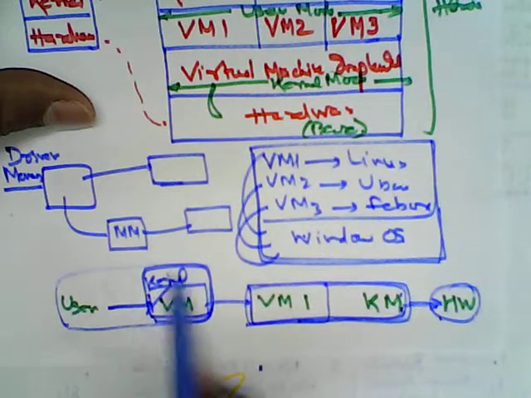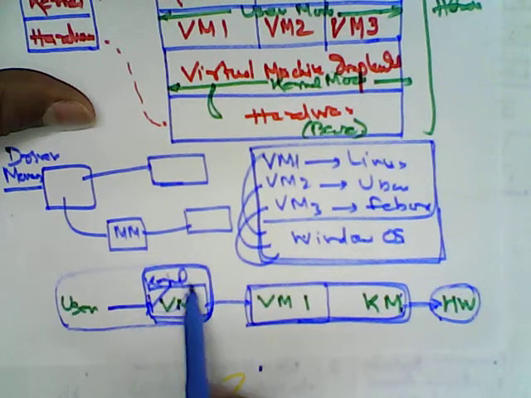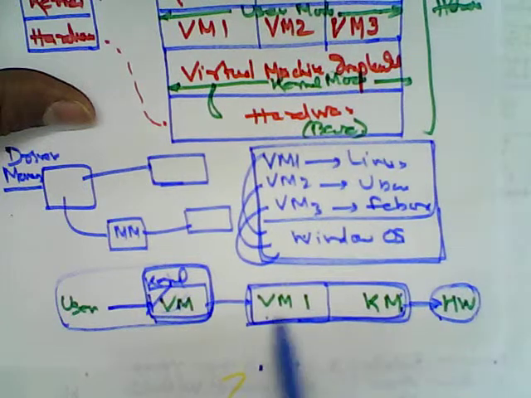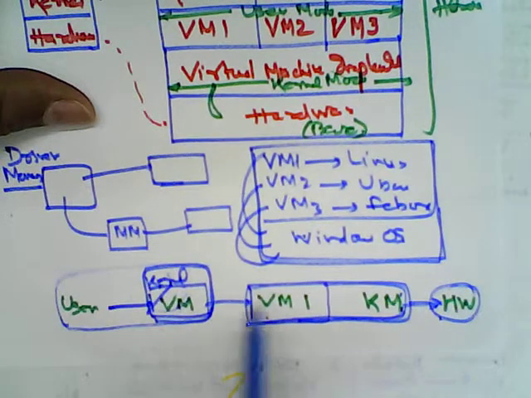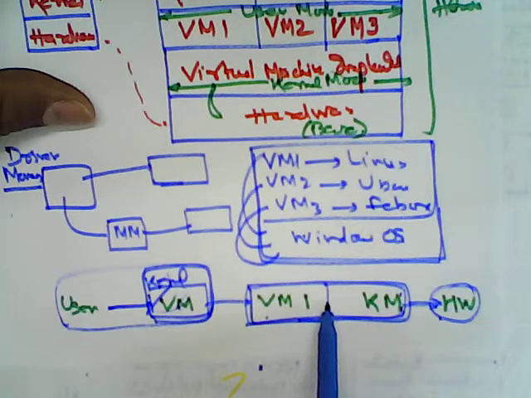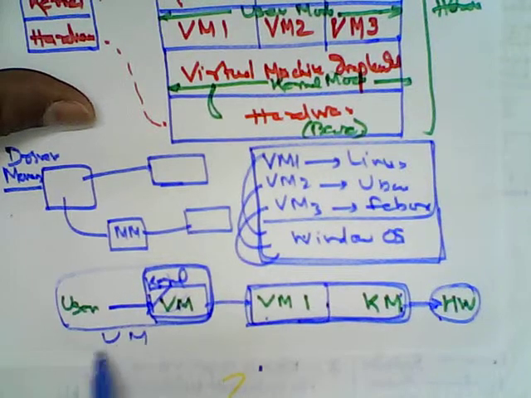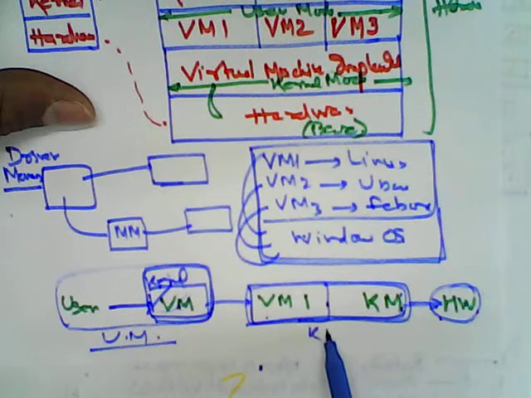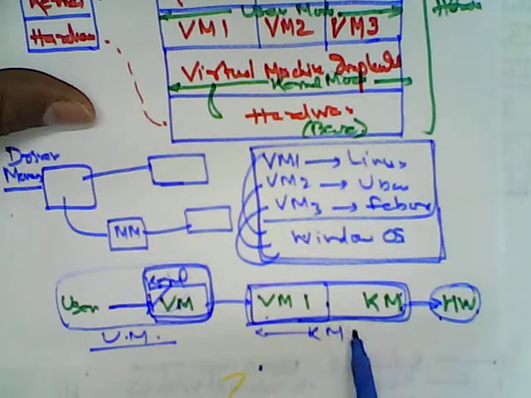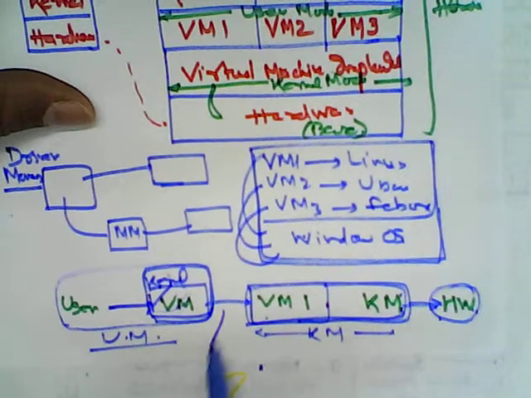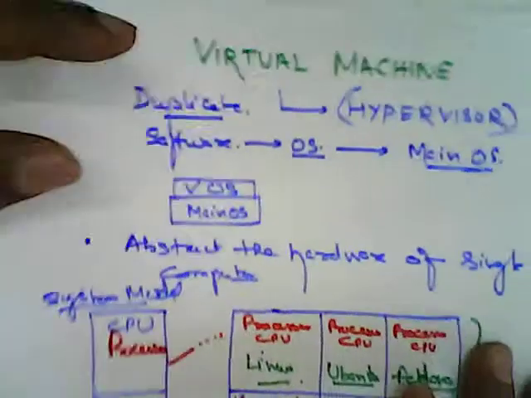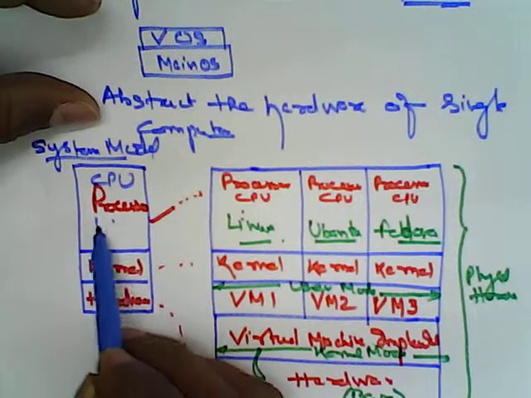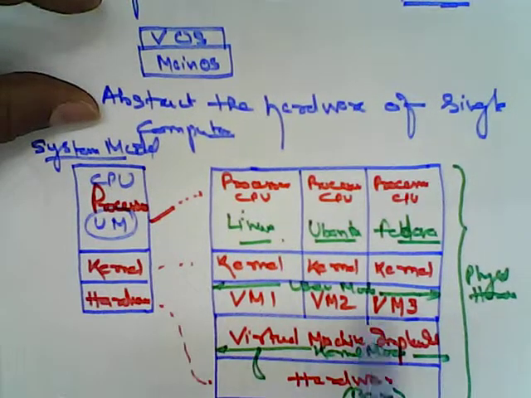It requests the kernel mode, because this is user mode. The user mode cannot directly go to the hardware. The user mode requests the kernel mode, and the kernel mode interacts with the hardware. So again, a separation is there. This user mode is not directly interacting with the hardware.